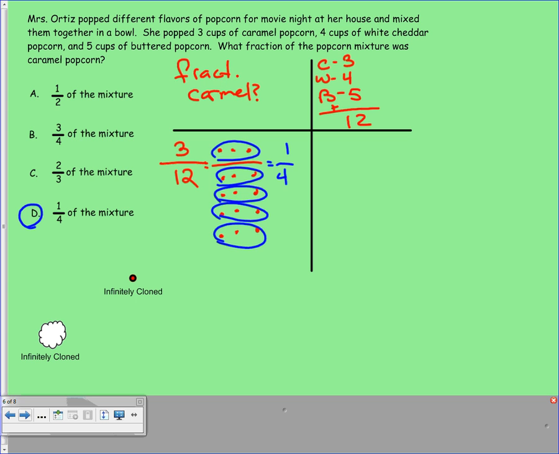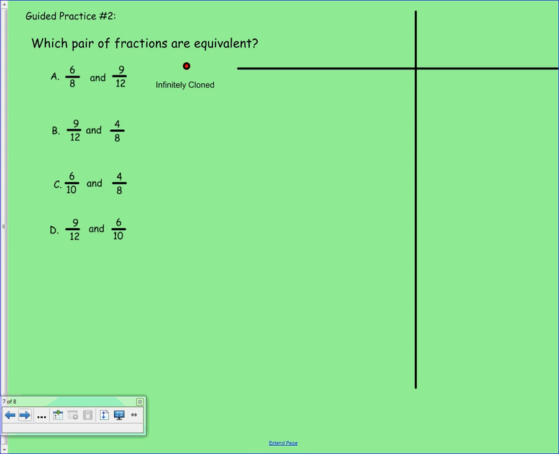Last problem. Which pair of fractions are equivalent? 6/8 and 9/12. Okay, so here I could take my biggest fraction and make an EFT, or reduce it. I could reduce both of them, or rather simplify both of them. What's the best way to do this?